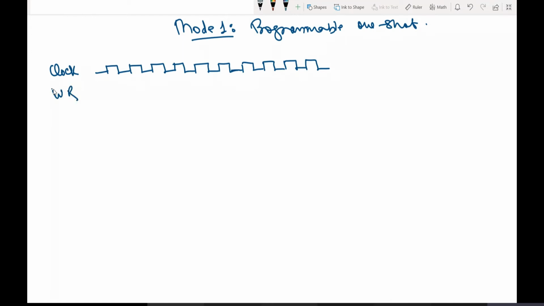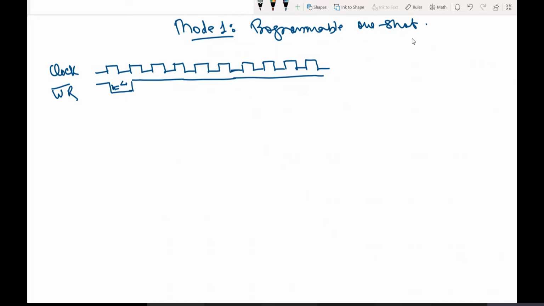So same clock pulse, write pulse, right. So this is where your count will be loaded. Let's take the same count. So what does one shot mean? One shot means a single pulse of a one state. Okay, but it is having different shapes on both sides.